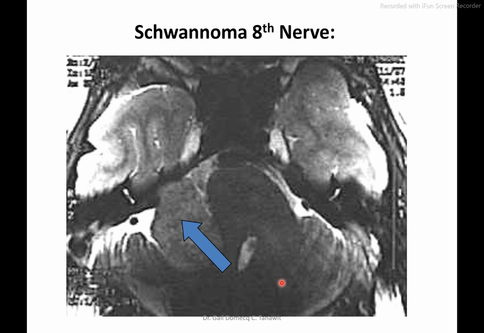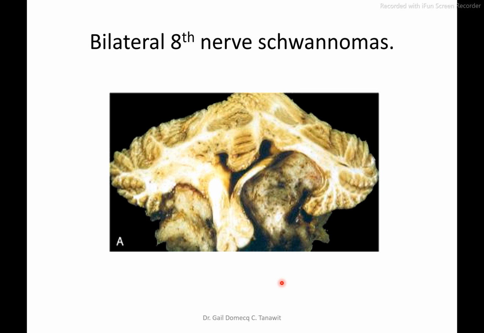Sorry, this is a bit blurry. It's a scan of a patient who has a schwannoma of the 8th cranial nerve. Where is the lesion? Guess where? Of course, it's here, the enhancing lesion. On autopsy, this is a bilateral 8th cranial nerve schwannoma.